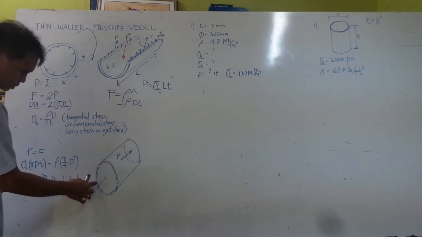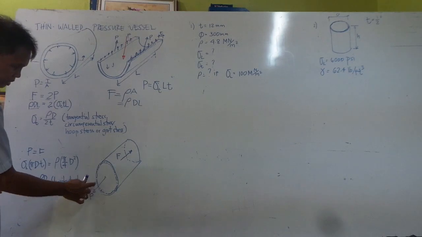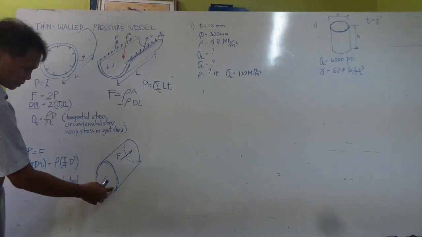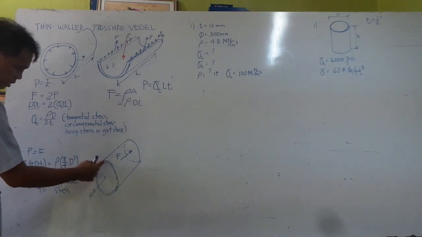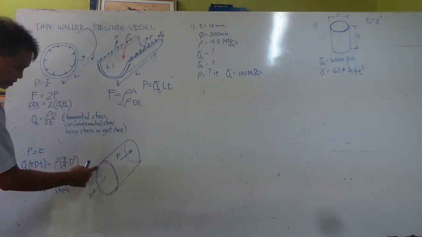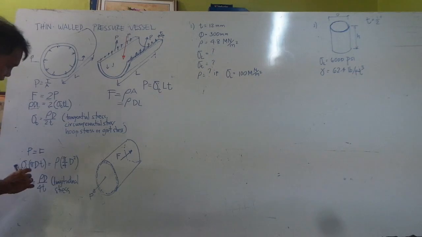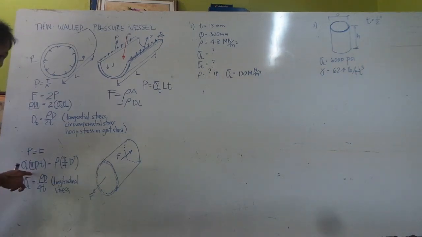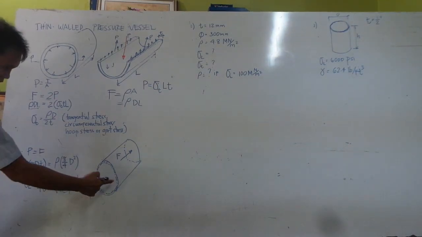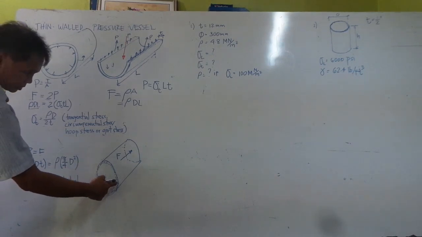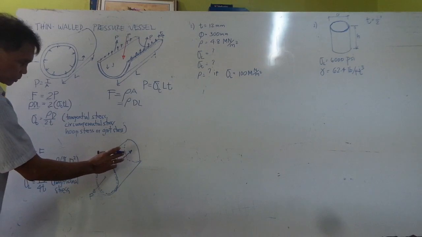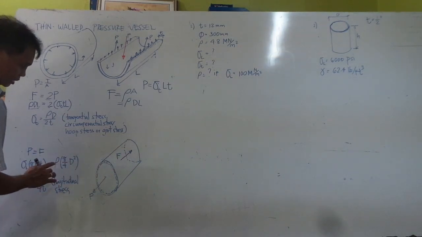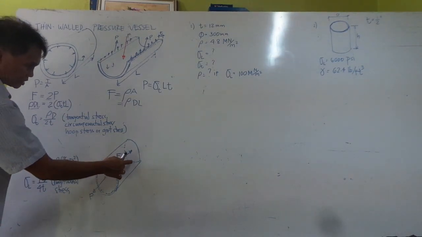The total force P is just equal to the stress of the metal times this area. The area is the circumference times the thickness, and the circumference is pi d. Then F is the unit pressure times this area.